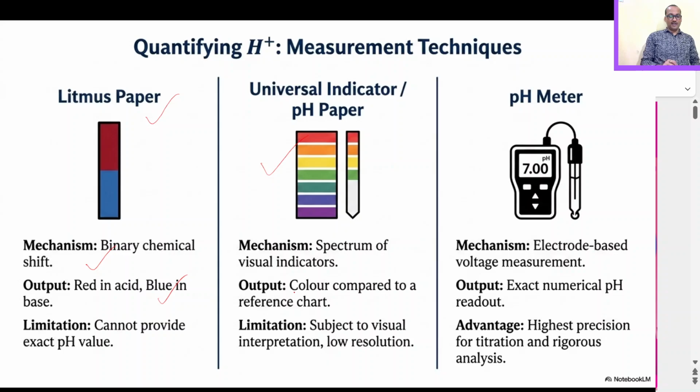So you will get different colors based upon the reference chart. From that you can say that the solution has around that pH. But this is not exact. For the highest precision, for titration or any analysis, you could use the pH meter. That is electrode based voltage measurement, where you can get the exact numerical pH of the solution.